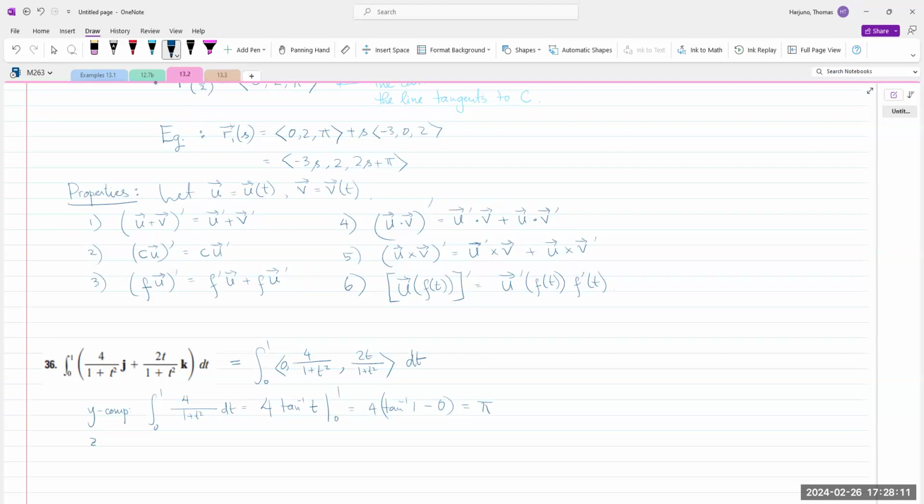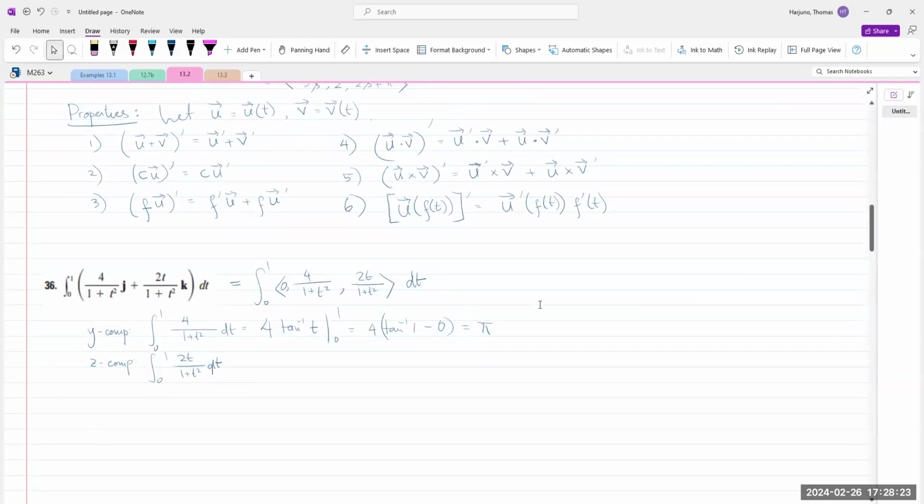The z component, integral from 0 to 1 of 2t over 1 plus t squared dt. If I use u equals 1 plus t squared, then du is 2t dt. And u(0) is 1, u(1) is 2.